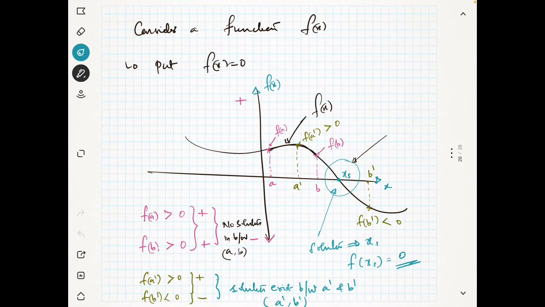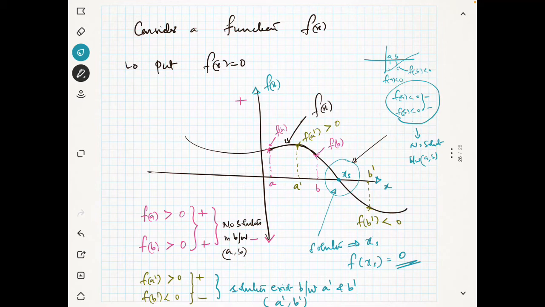So this is applicable not only for positive. If we have a condition like this, this is your a and this is b, f of a less than 0 and f of b less than 0, that means negative and negative, then no solution between a and b.